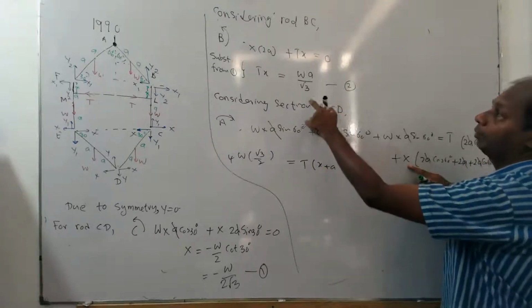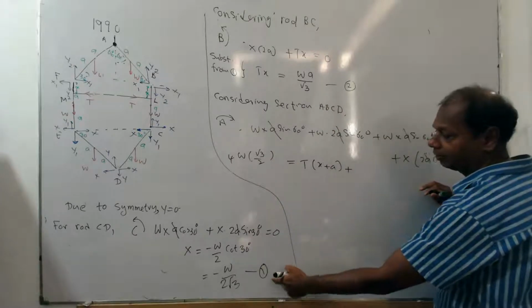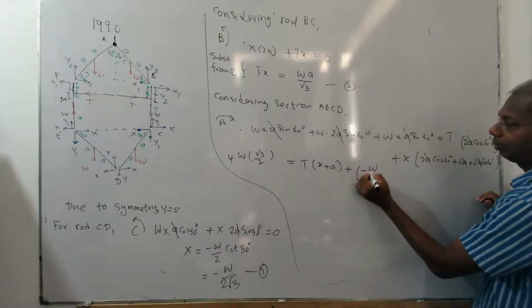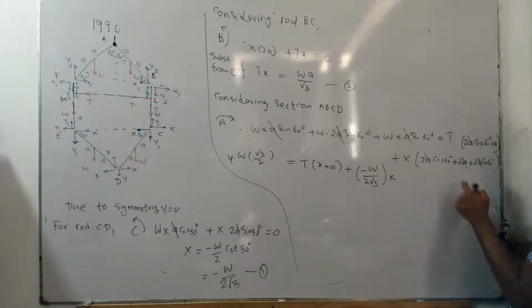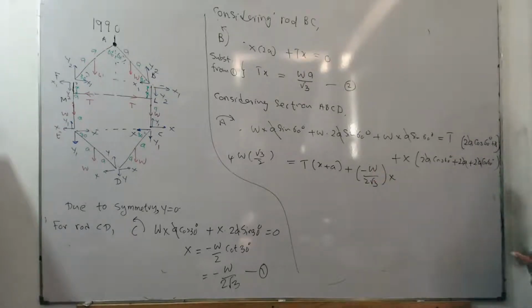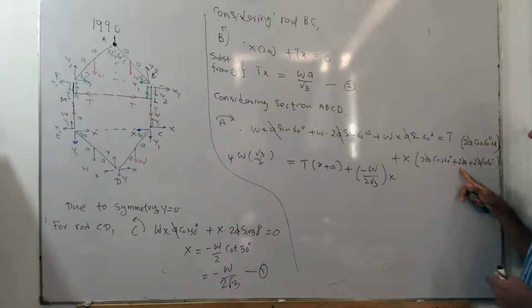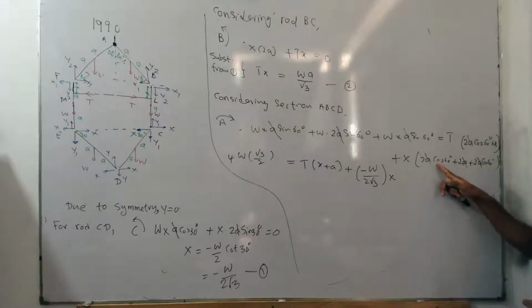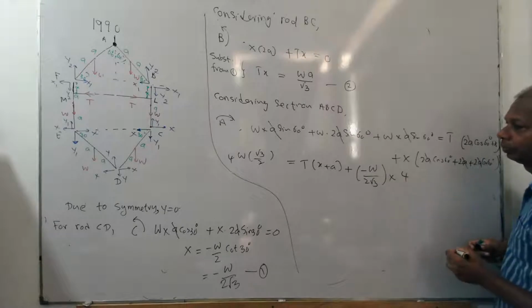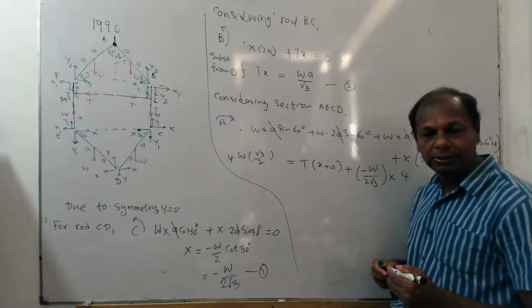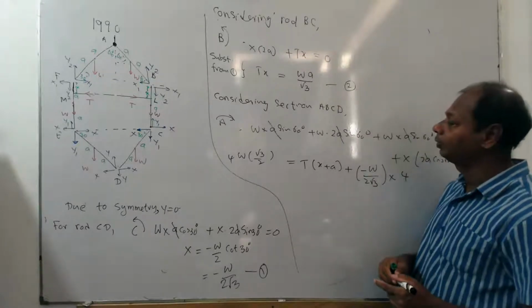X we found earlier: X is this minus W over 2 root 3, into A plus 2A, altogether 4. Solve this and get the answer.